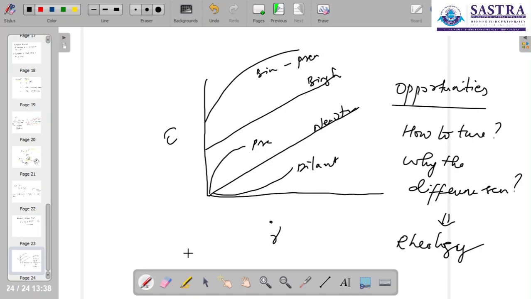That brings to an interesting question: is it possible to tune the fluid behavior, how the fluid responds to an applied shear? What causes the fluid to have a different behavior like this? This is all the subject matter of rheology.